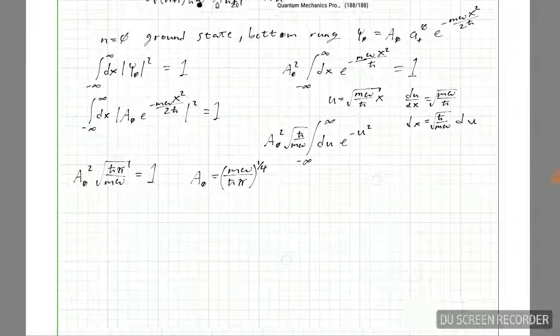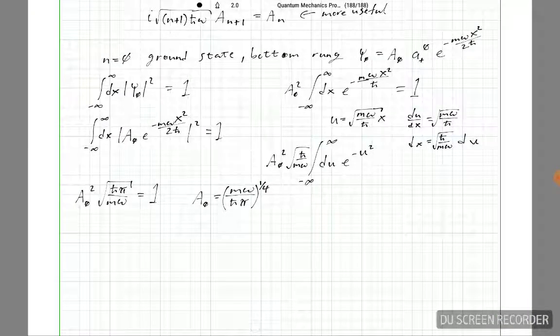Now I can use my useful formula here. A(n) equals i times the square root of n plus 1 h bar omega times a(n plus 1). So I'm going to rearrange this just a little bit. I'm going to solve it for a(n plus 1).